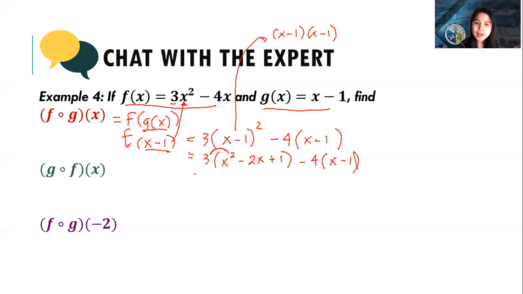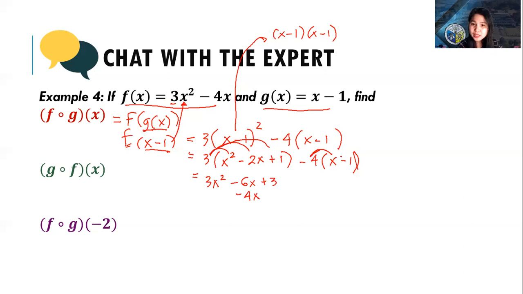So we now have 3x squared minus 6x plus 3. Very good. The other one is negative 4x. Sorry, I really prefer aligning them right away.